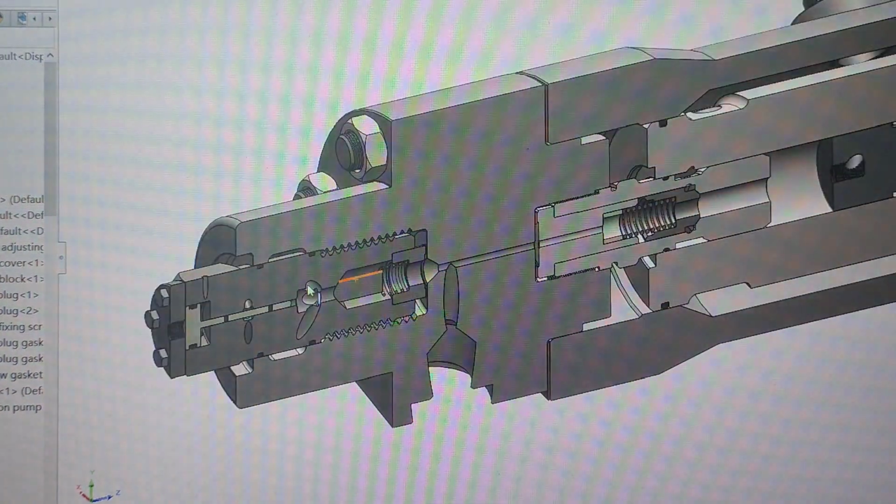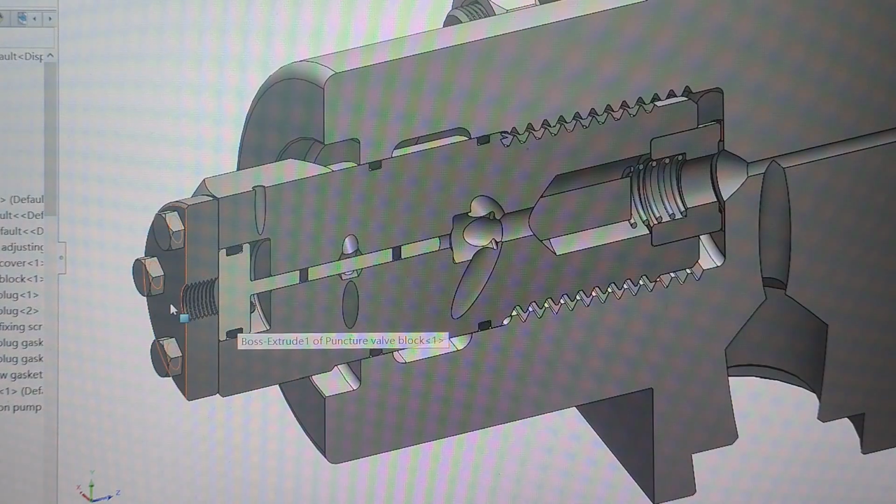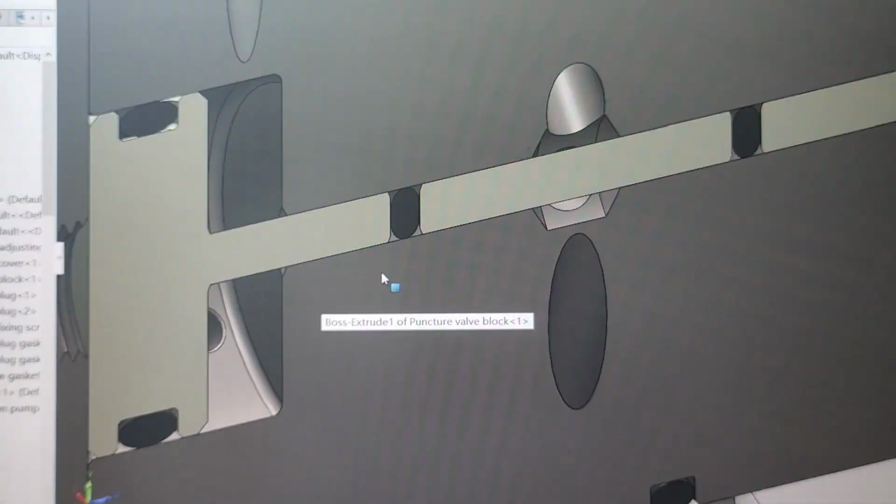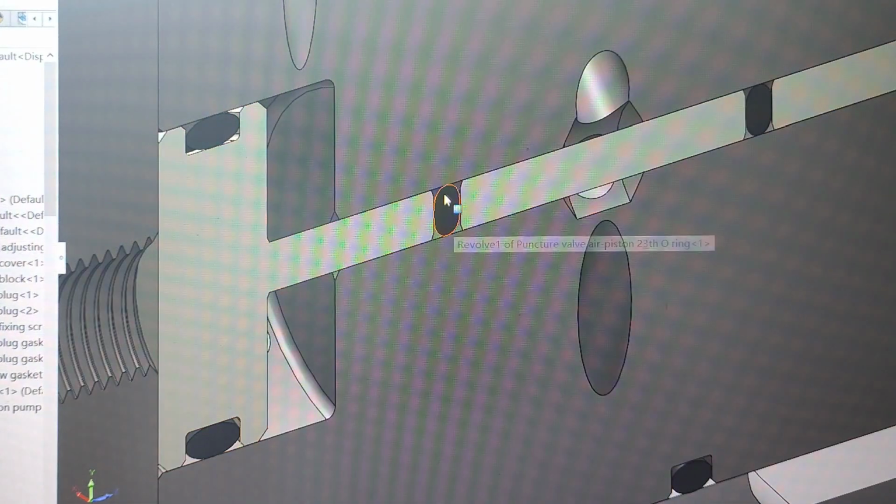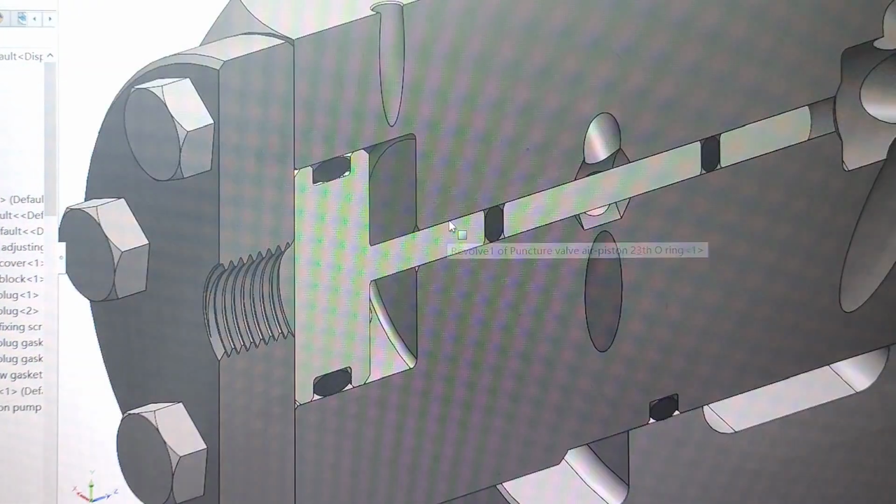Here is a puncture valve on the main S60MC fuel pump. High pressure control air will be supplied here and push downward this air piston. This gray thing is the air piston. The black things are actually the O-rings.